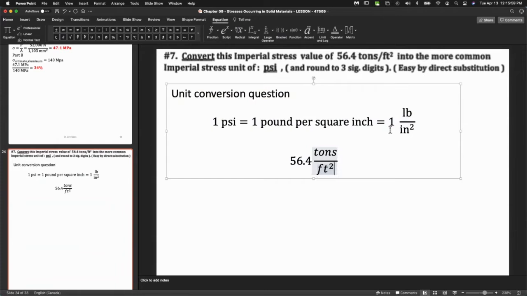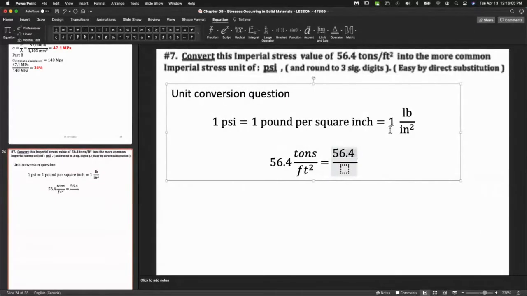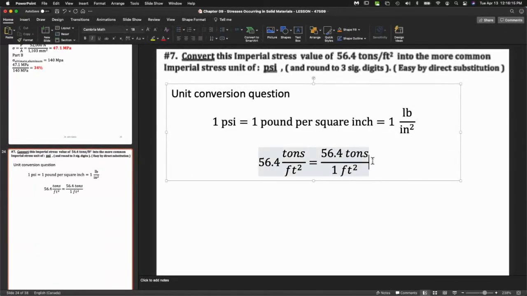We have that in the question. Now, I'm going to rewrite it a little bit differently. I'm going to write it as a fraction like this, 56.4 tons. Now, you can put plural there. You're not going to get in trouble either way with me. But we need to convert tons into pounds, and we need to convert square feet into square inches.